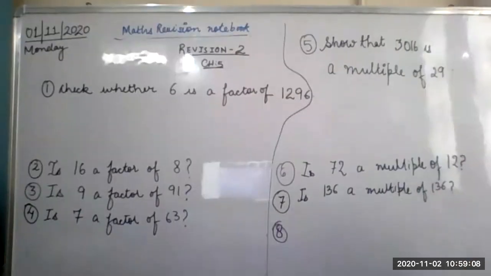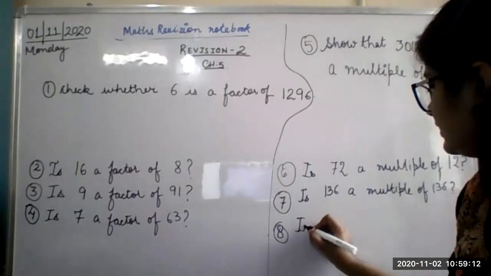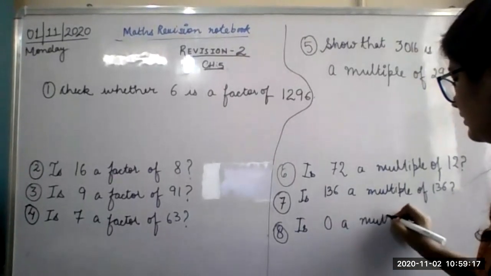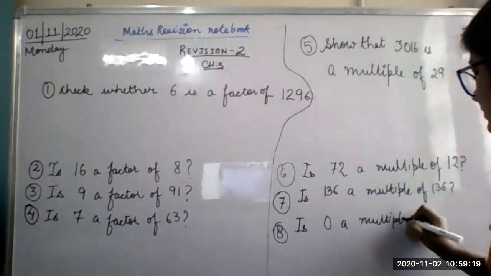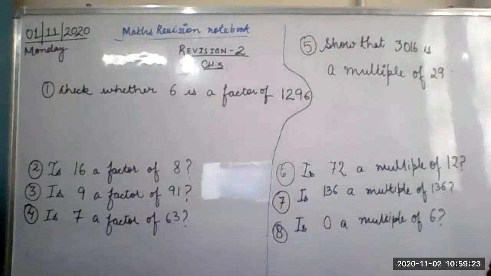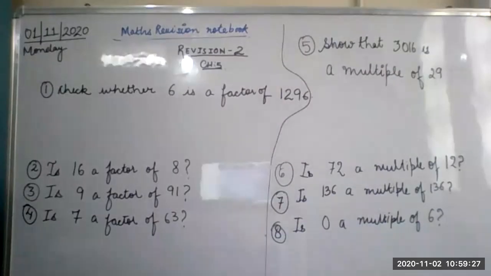Question 8: is 0 a multiple? These are all the questions. 4 there and 4 this side. Do it.